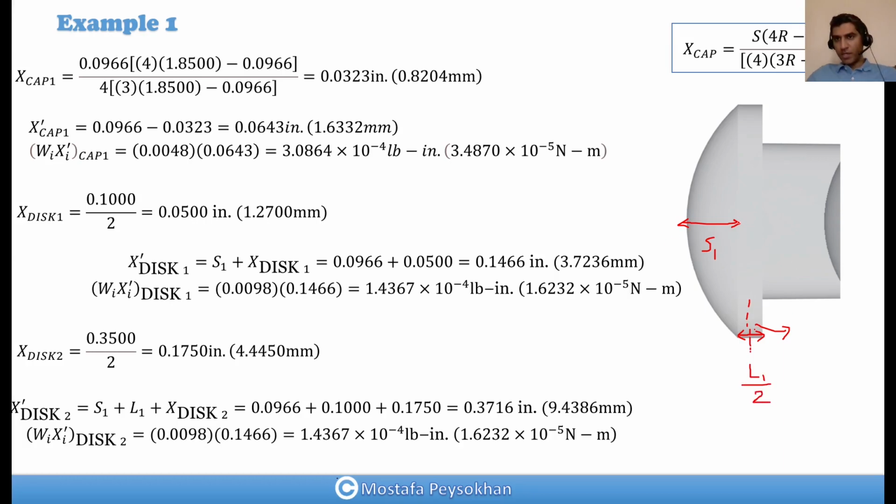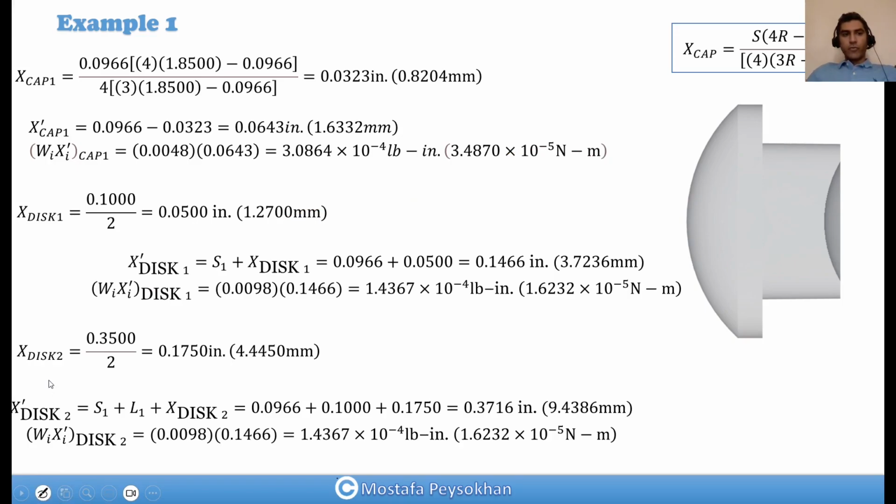So from here to this center, this distance is equal to S plus x of disk 1. By plugging numbers into this equation, we can find all the numbers.